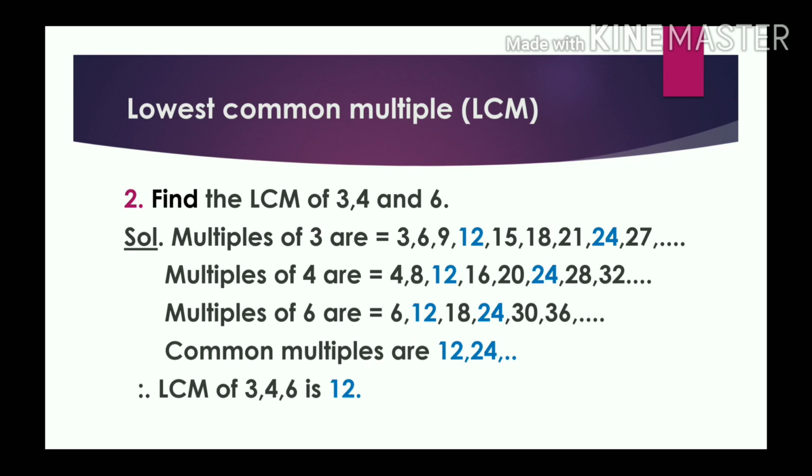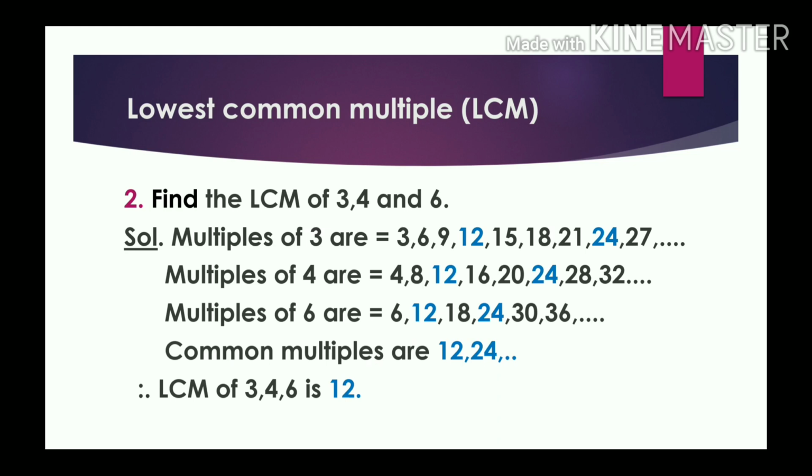And multiples of 6 are 6, 12, 18, 24, 30, 36, and so on. Here also the common multiples of 3, 4 and 6 are 12 and 24, because 12 and 24 are common in all three lists of multiples.